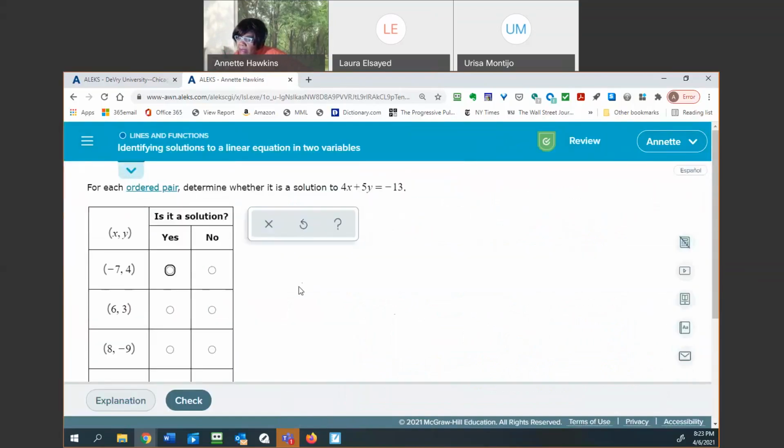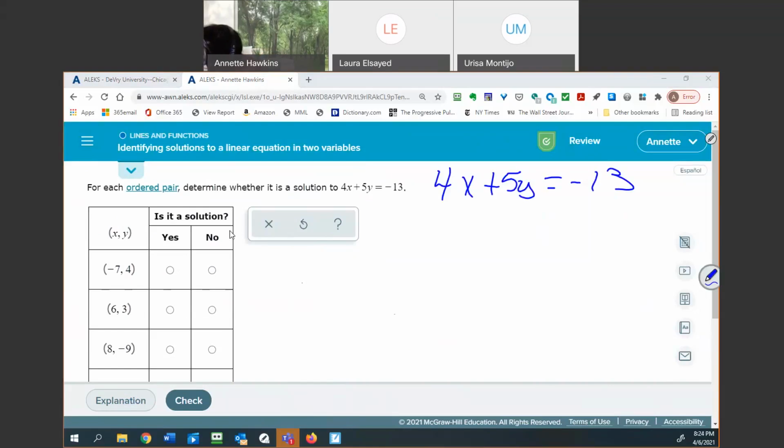All right, it says, for each ordered pair, determine whether it is a solution to 4x plus 5y equals -13. Well, the only way to do that is to replace x with what they give you and replace y with what they give you. So we have 4x plus 5y equals -13.